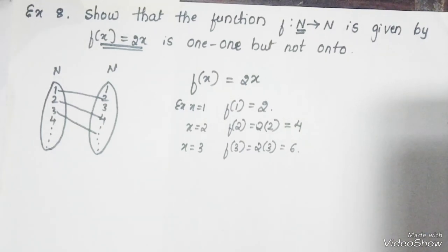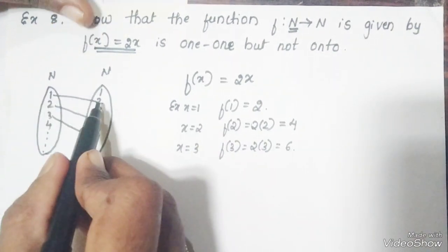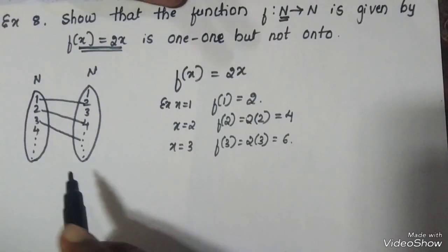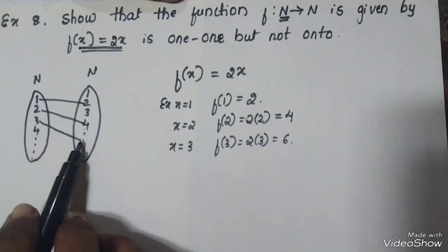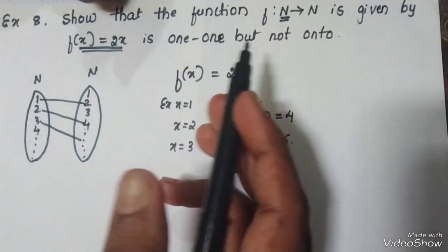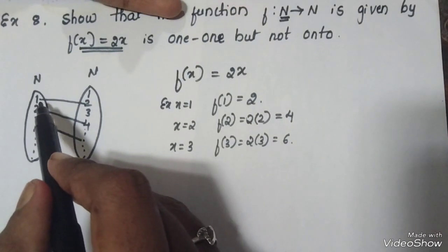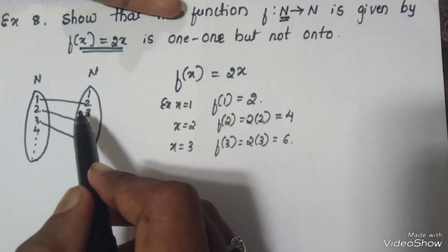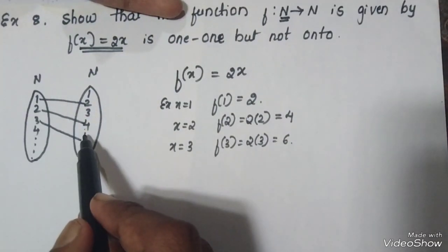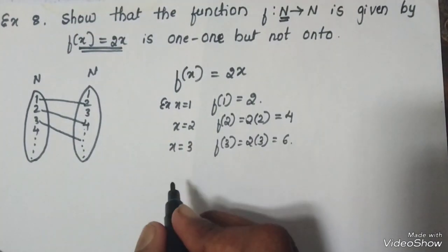Here every element has an image, but by this condition we say not onto, because among all the elements of the natural numbers, 1 doesn't have any image, 2 has the image with 1, but 3 has no image.